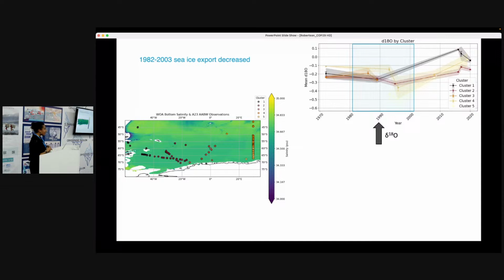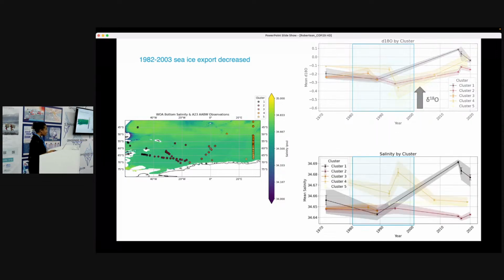If we had expected that glacial melt was driving these processes, we would expect the arrow to be pointing downward, and you would see a decrease in this delta 18 in the seawater isotope signal. Looking also at the salinity, in most regions of the Weddell Sea, we also see salinity decrease over this period of sea ice export decrease.